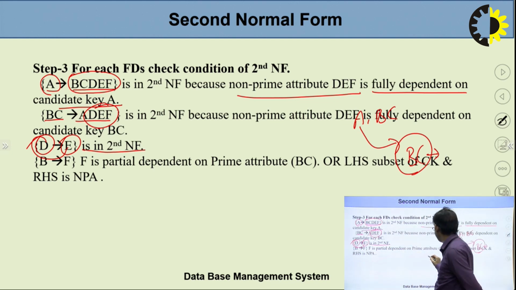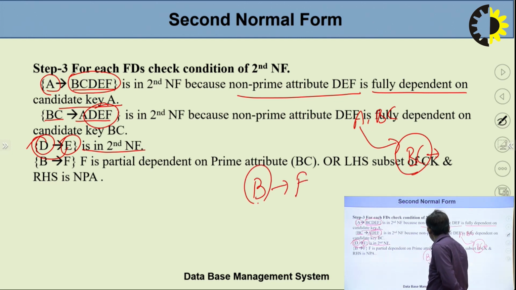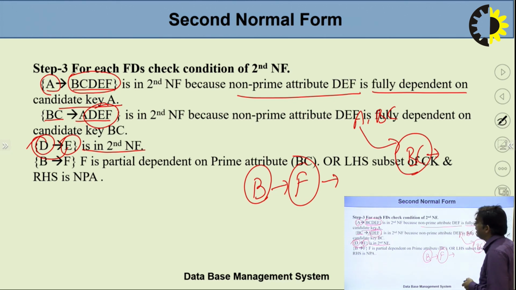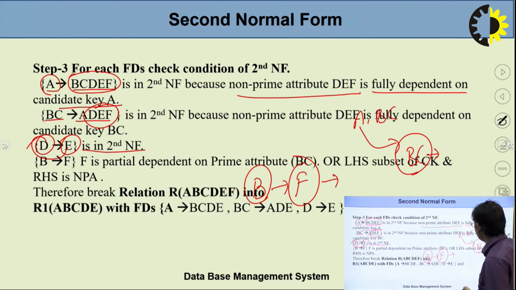Now we check B tends to F. It is violating the second normal form because B is part of the candidate key BC and F is a non-prime attribute. That's why the relation is not in second normal form. We have to break the given table into two different tables.